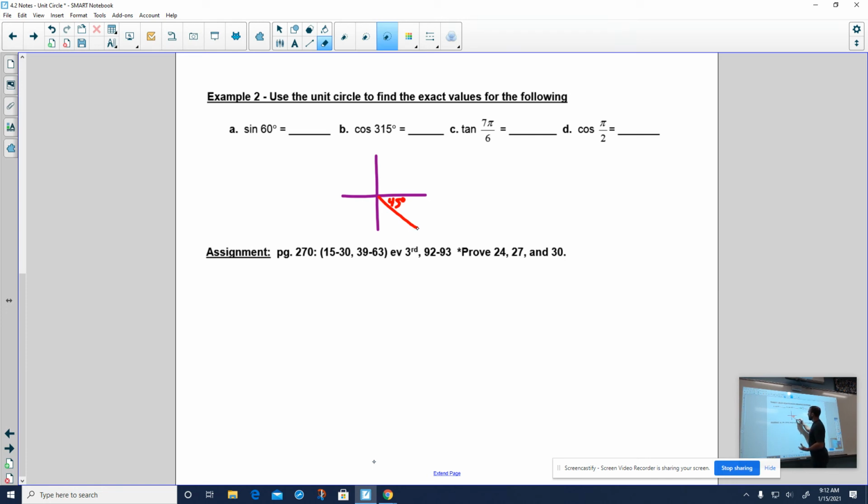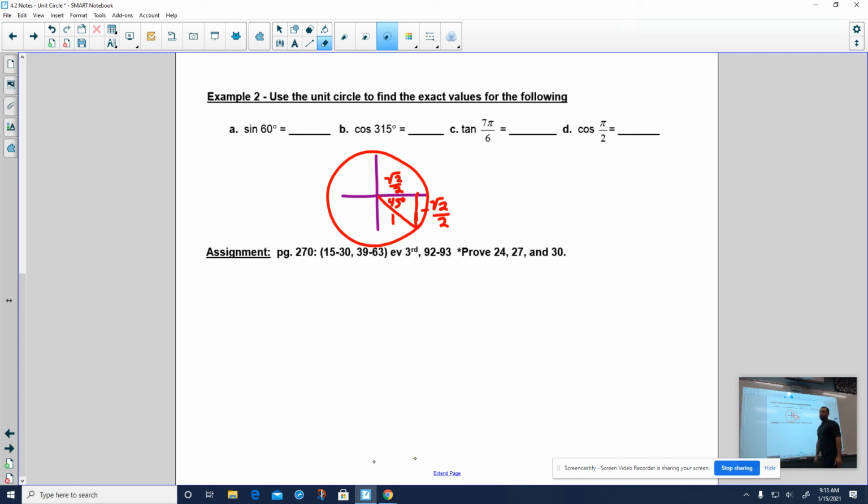Since I'm in the unit circle, my radius is 1. I'm going to make a reference triangle straight up to the x-axis. I know this side is square root of 2 over 2 because I got a 45, 45, 90. And I know this side is negative square root of 2 over 2 because my y value went down square root of 2 over 2 units.